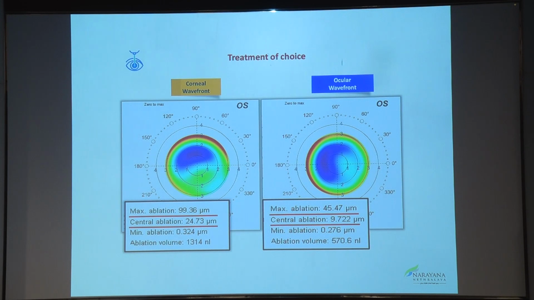Then, for example, remember the picture I showed you. When you do a corneal only treatment, the machine assumes that the entire cornea is the culprit. There is nothing called lenses. It's making an ablation of 90 microns, and in the center it's making 24 microns.